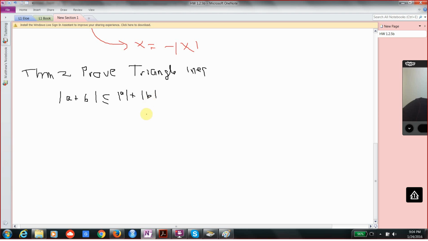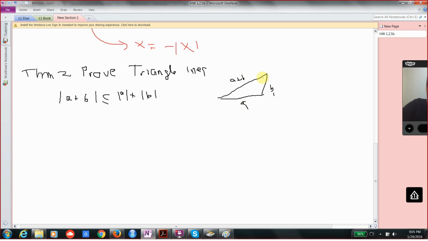What it's saying is, if you think about a triangle, and this is A and this is B, the length of this side is always less than the sum of these two lengths.